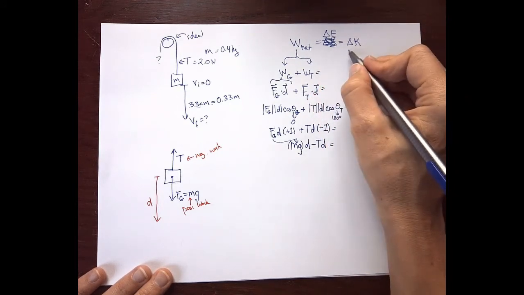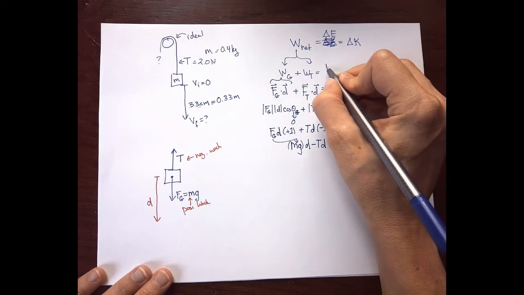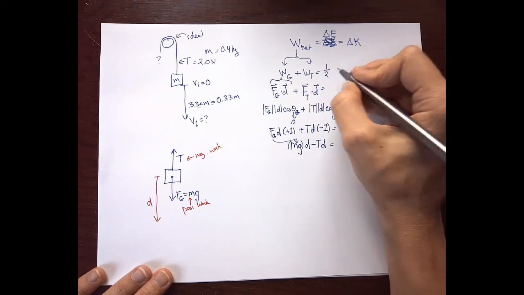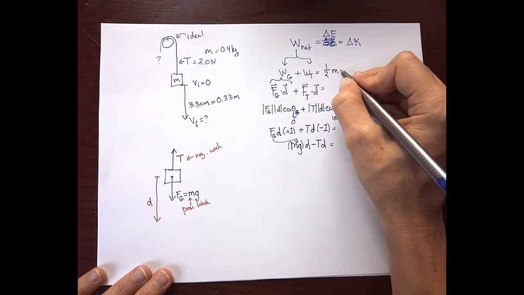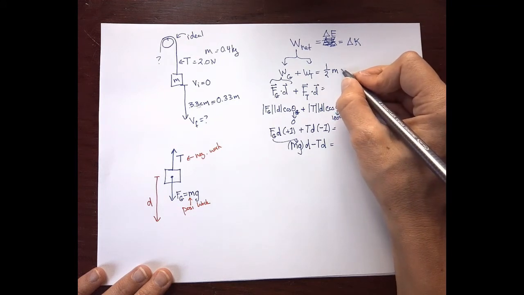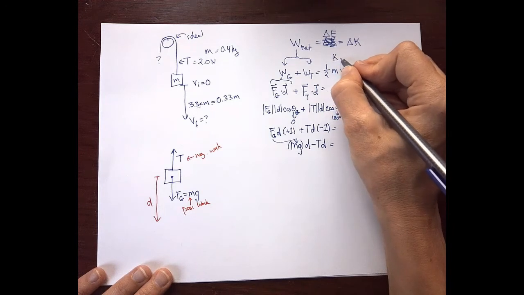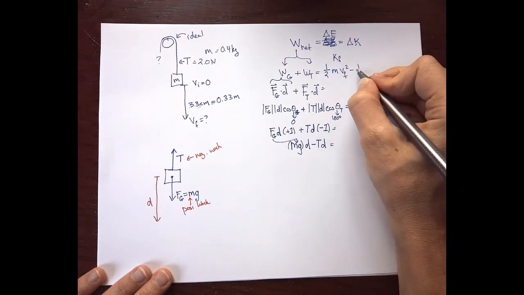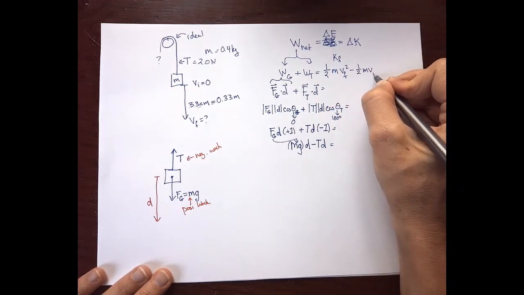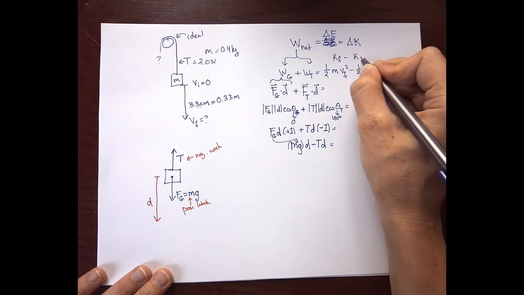We say that's equal to the change in kinetic energy. And the change in kinetic energy is the difference between the final kinetic energy, so that is K final, minus the initial kinetic energy, so that is K initial.